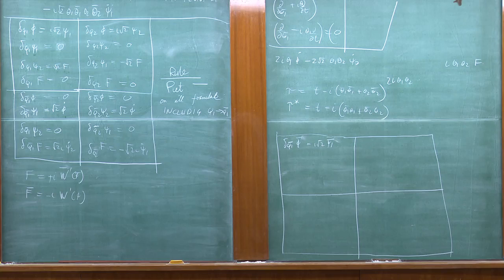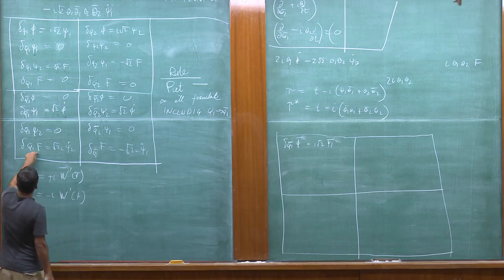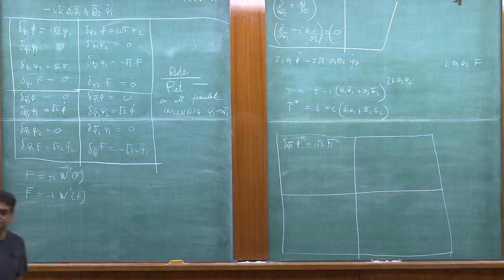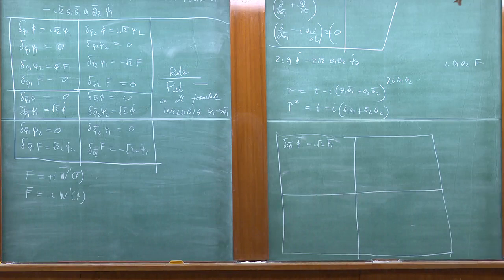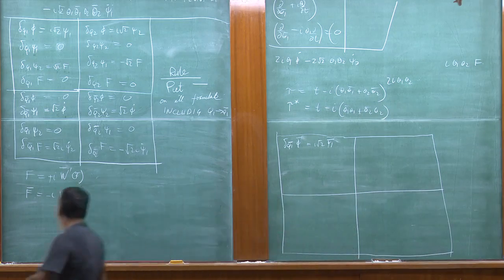If we plug this in, we seem to have two different transformation rules: one from the direct transformation rule of F, and the second from the constitutive relation for what F was. We want to know whether that is correct up to equations of motion. Okay, so let's check that.